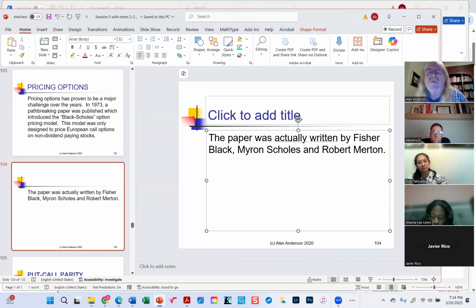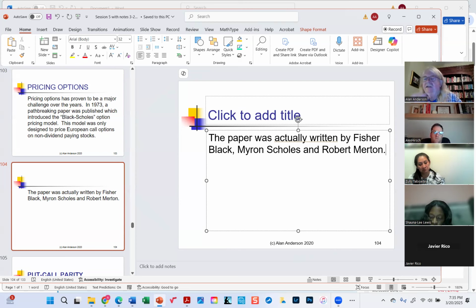So even though it's called the Black-Scholes model, Robert Merton was a major contributor to the paper. He came along after they got started writing this thing. And these are heavyweights in the field. Fisher Black was teaching at MIT, I think. Myron Scholes, I think, was at Stanford, and Merton was at Harvard. So these are some heavyweights in the field.